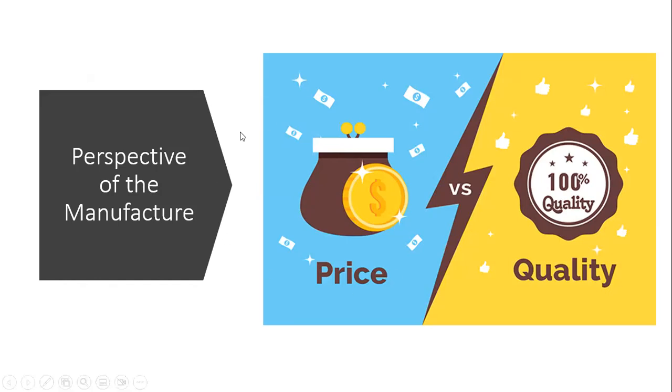The price should always be less compared to the normal market. The manufacturer is asking for less price as well as 100% quality, a high quality product, less price, or less cost of production. So this is what the market is asking of the manufacturer, from the manufacturer's point of view, right? They are asking for a high quality product at a low price, right?